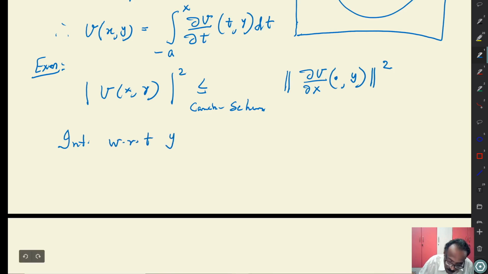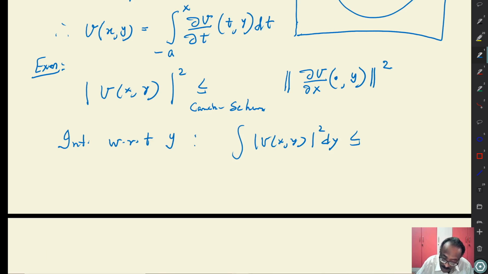On the left side, what you get is the integral of v(x, y) dy. This is the exercise I am basically doing. You integrate with respect to y also. Already you made an integration with respect to x, and that will give you less than or equal to some constant, and one derivative only is coming, so that can be bounded by all derivatives.